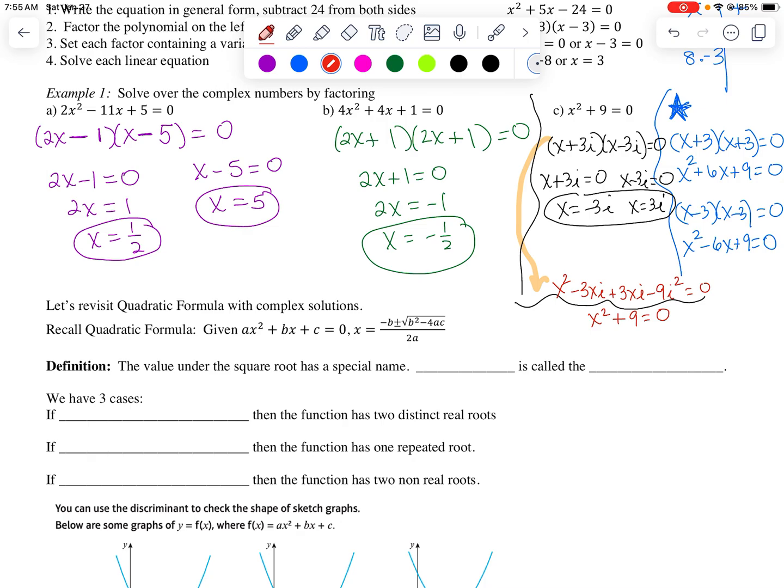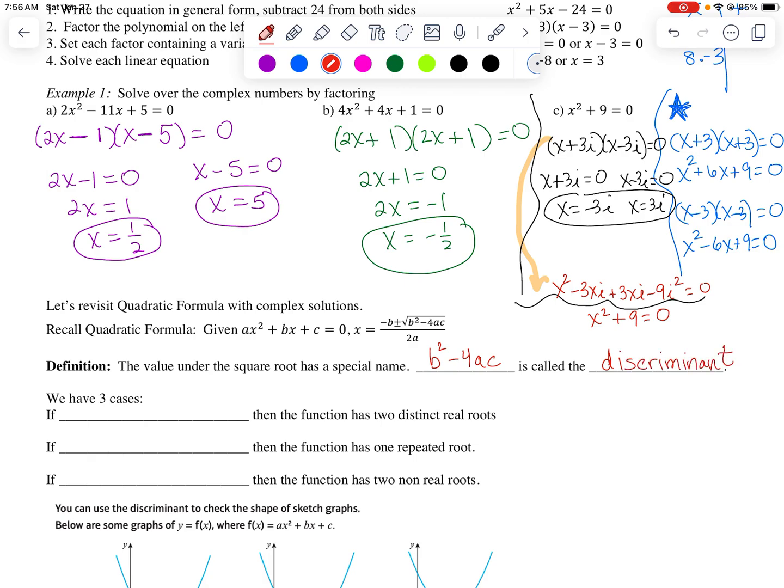All right, so factoring is another method. So we had square root method, completing the square method, factoring. Well, we did quadratic formula. That's a fourth method. So if x equals negative b plus or minus square root b squared minus 4ac all over 2a, the value under the square root, that's the b squared minus 4ac, has a special name, and it's called the discriminant.